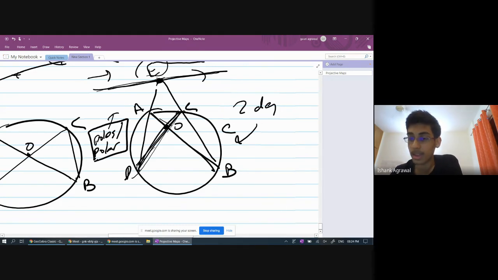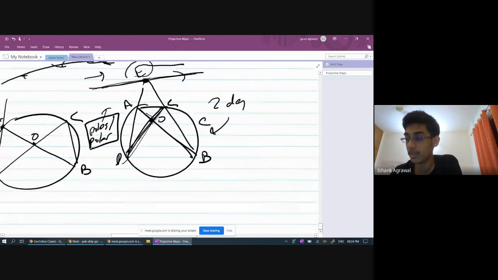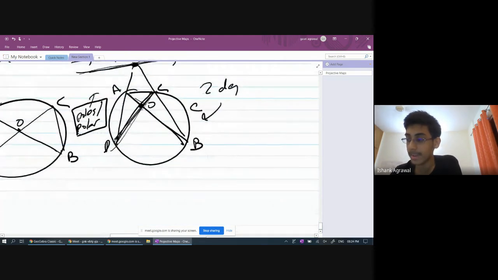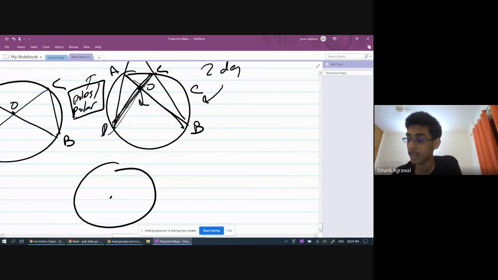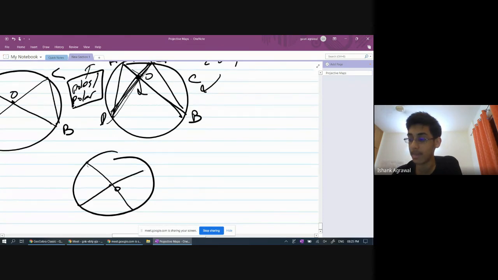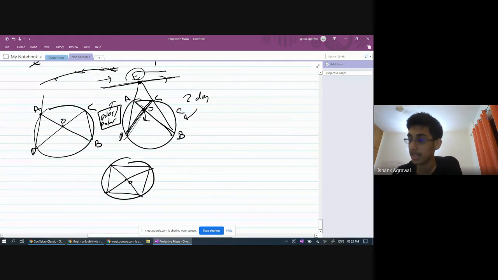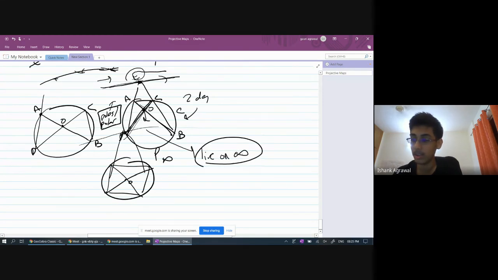And the reason why it's true is that if you take O to the center, then AB and CD both become diameters. And basically at that instant, this whole thing becomes a rectangle. So E then must be a point at infinity, and therefore it must lie on the line at infinity.